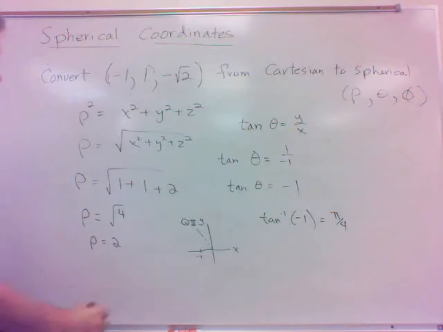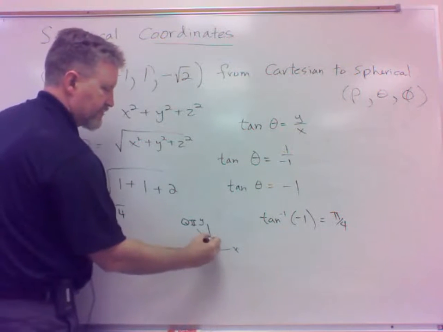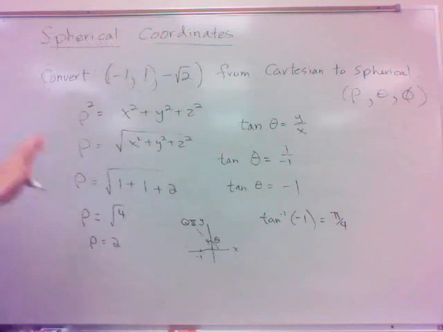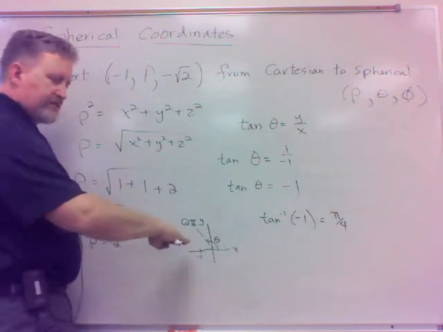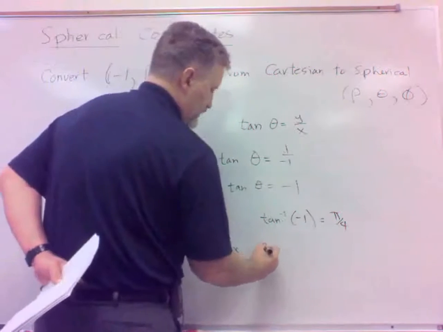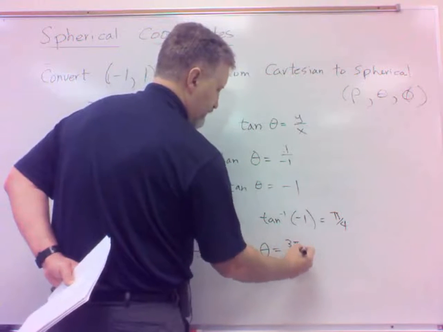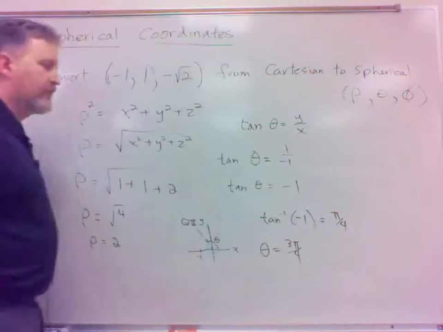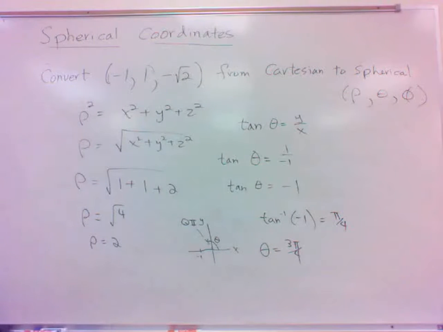Our theta then is this, and that's not going to be pi over 4. That's going to be our second quadrant angle where we have a reference angle of pi over 4. So theta would be 3 pi over 4, quadrant 2, as far as the xy plane. Okay?